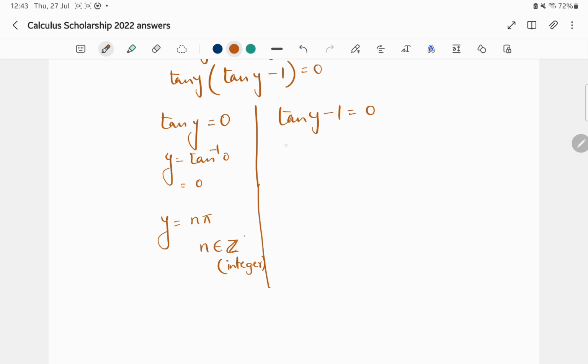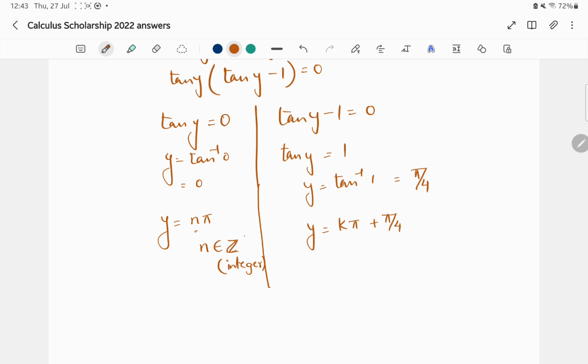On the other side here, we will have tan y is equal to 1. And we know that tan y is 1 at 45 degrees. So y is equal to pi over 4. Or if we do the general value for that, we have already used n, so let's use another variable: y is equal to k pi plus pi over 4.